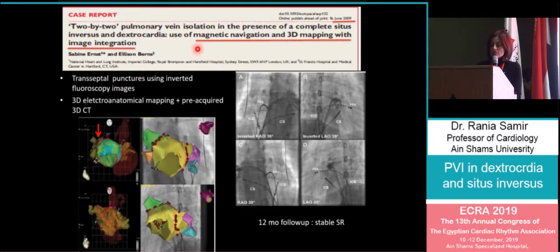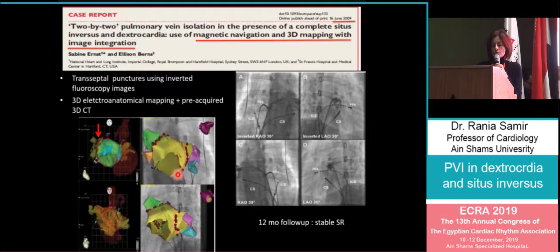They did the transseptal punctures, it was also done under fluoroscopic guidance, but they used inverted fluoroscopic images. So they flipped the images of the heart to the left side to resemble the normally positioned heart. And they used a 3D electroanatomical mapping system to create a 3D map of the left atrium and the pulmonary veins, as we can see here.